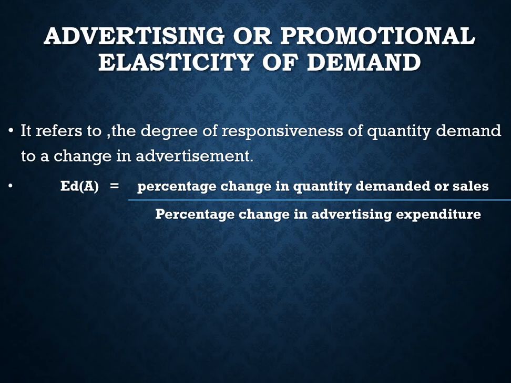For example, if we give continuous advertisements on TV, in papers and so on, sales may increase, or due to lack of advertisement people will not get to know about the product and sales will decrease. Like that, the quantity demanded will change due to advertisement or promotion. That concept is called advertising or promotional elasticity of demand.